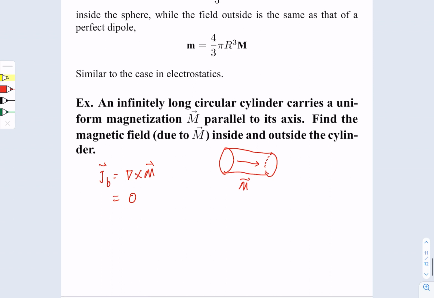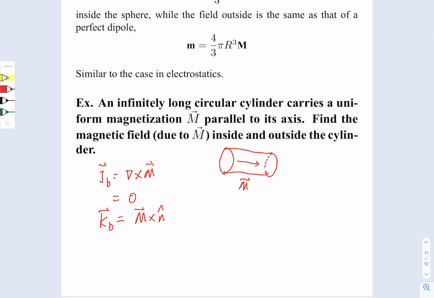So what we have left is to calculate the bound surface current. The bound surface current is M cross N, right? It's the M direction cross the surface direction.